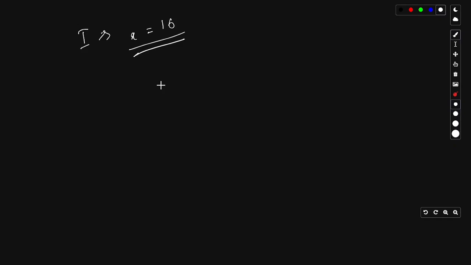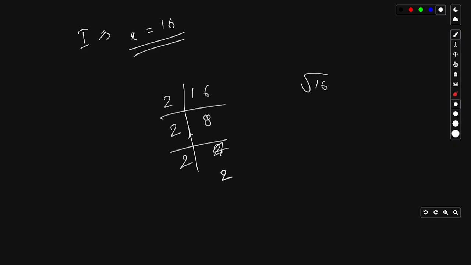How can we find the square root of a number? When we pair this up, 2 times 2 results in 4, which is the square root of 16.